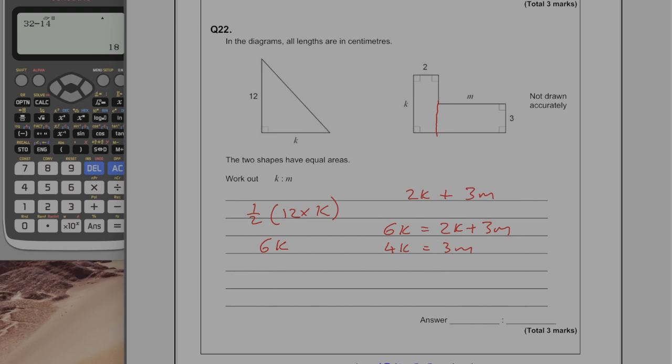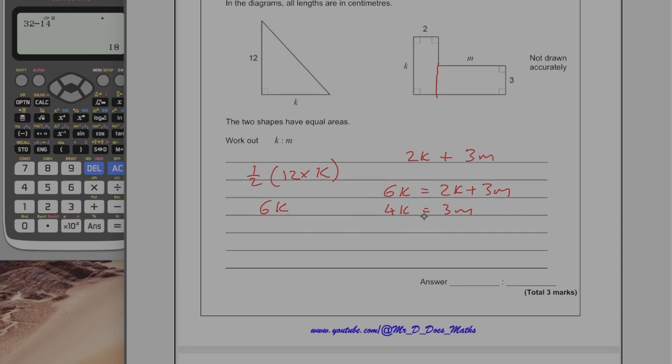Right. If I'm trying to view in my head, this is a ratio. The easiest way is to view it as K over M. So K over M is going to be equal to 3 over 4. And then if you've got it like that, you can say that the ratio of K to M is 3 to 4.